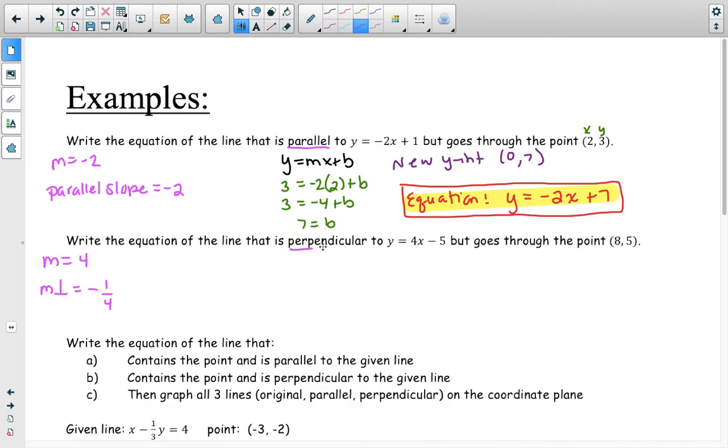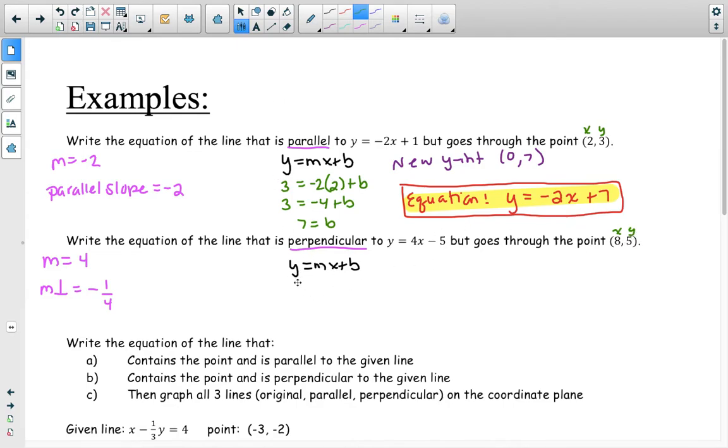We need to use that slope to help us find our new y-intercept. So again, we're going to use y equals mx plus b. We have the coordinate (8, 5), which is our x and our y, so we can plug that into our equation.